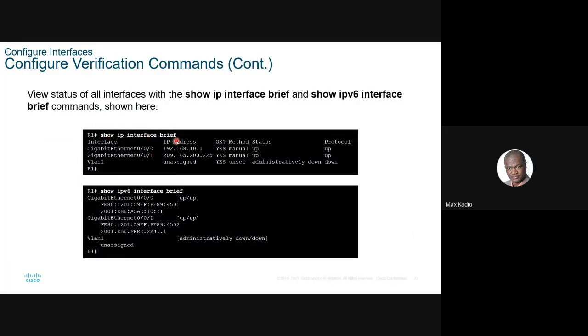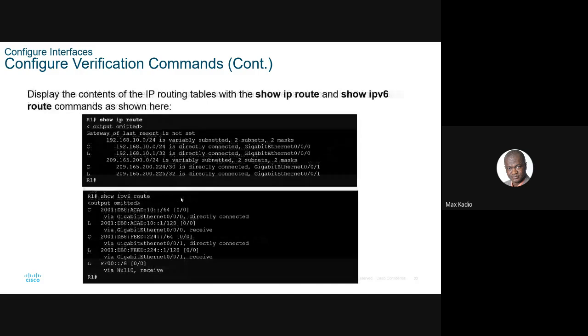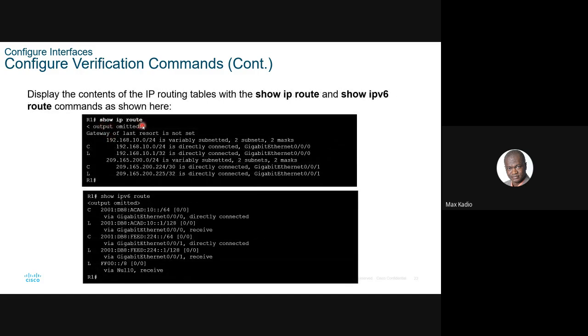Show IP interface brief, you know. But now let's keep show IPv6 interface brief, we'll do later. Show IP route. If you type show IP route, it's going to list all the networks or all the directions the router knows about.